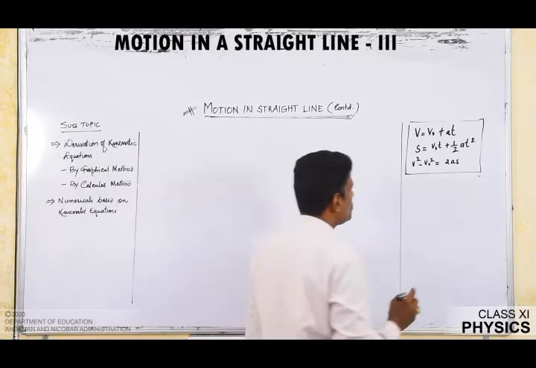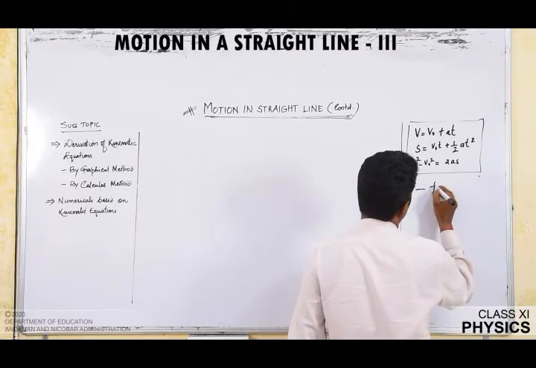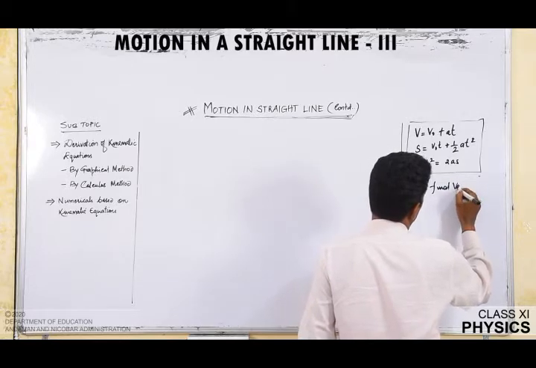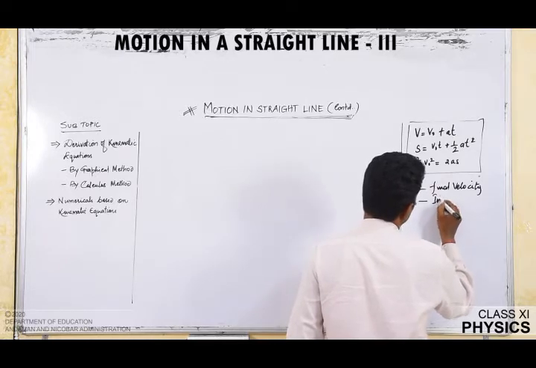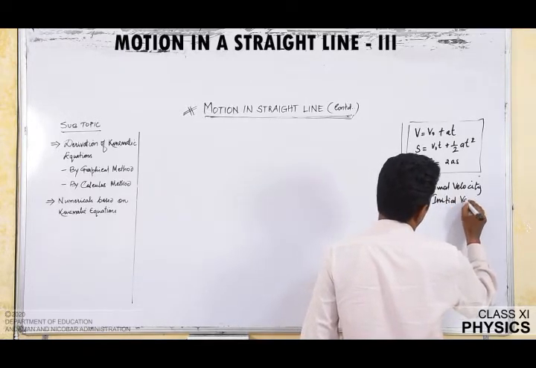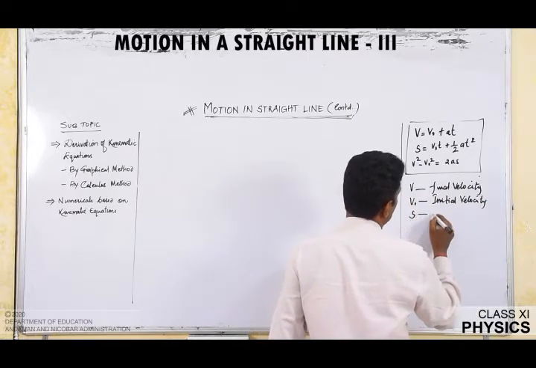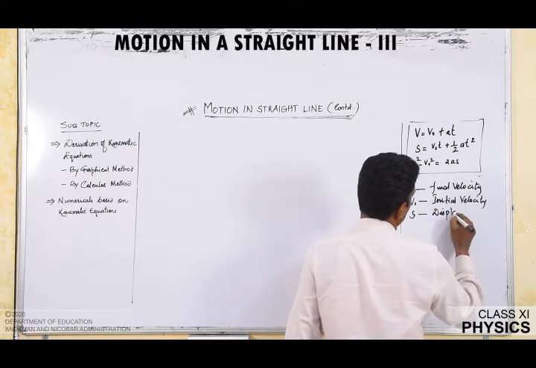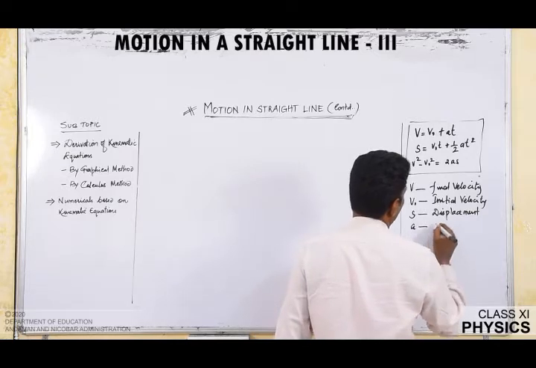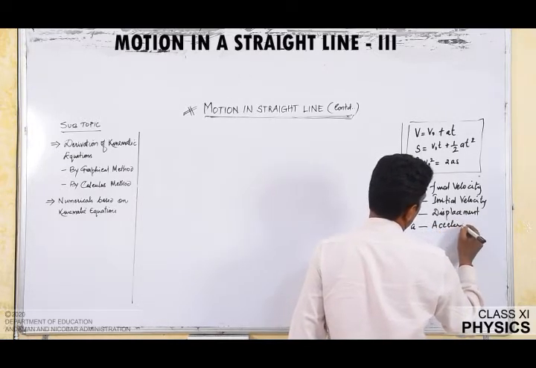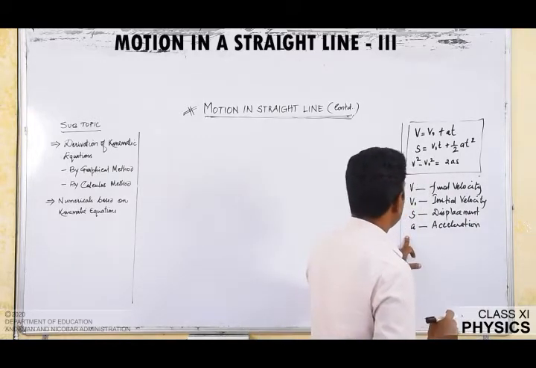V is the final velocity, V naught is the initial velocity, and S is the displacement, and A is the acceleration, these are the basic considerations.